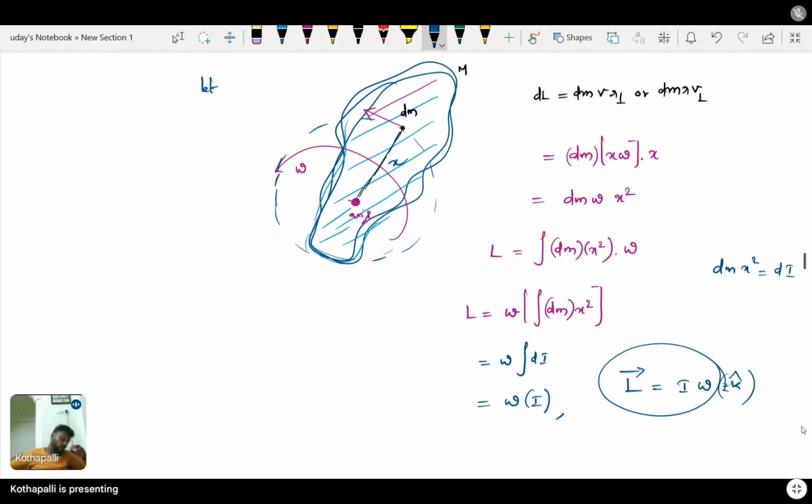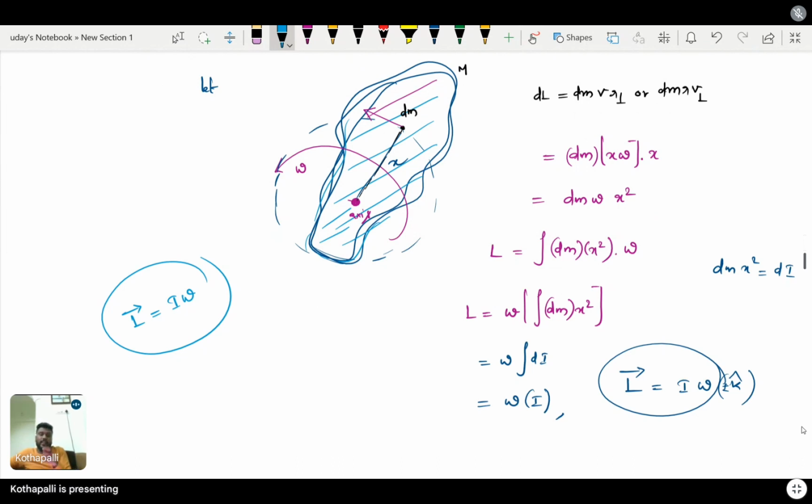I omega. So a very important conclusion: the angular momentum of any rigid body whose moment of inertia is I is given by I omega, if it is in pure rotation, when you are seeing from the axis of rotation.